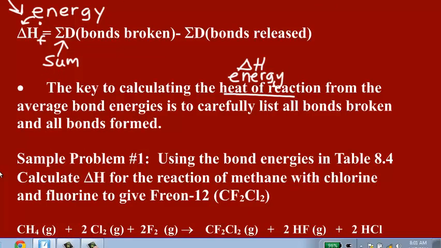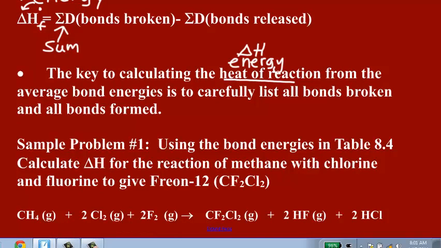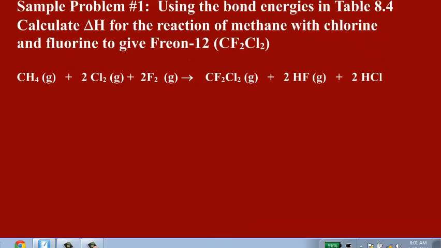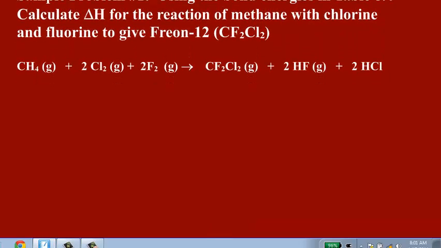Then, in order to get the correct sign, you do broken minus formed. It makes sense. Here, I'll show you. Let's look at this problem. We'll do one sample problem before roll call ends. It'll be a little bit tricky until we learn how to draw things, and then it will become easier, but in this circumstance it's not all that bad.